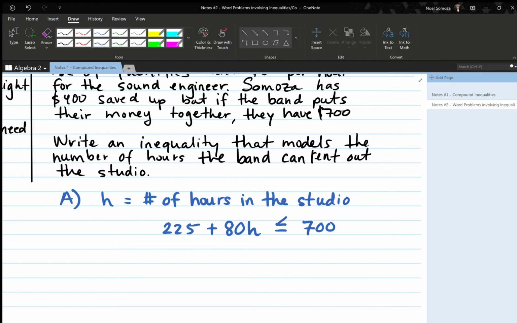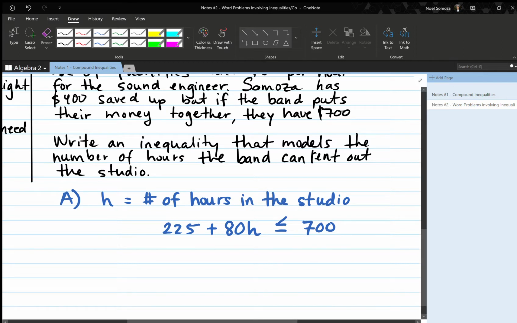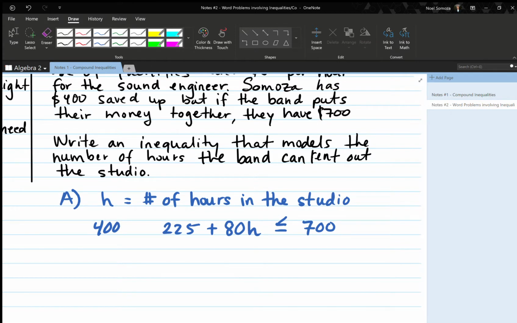Now I want to make sure I get some time in the studio. What's the minimum? Let's say my band doesn't want to pitch in and it's just on me. It's the 400, that's where the 400 comes from. What's the relationship there? Greater than or equal to, because I'm good spending those 400 bucks.